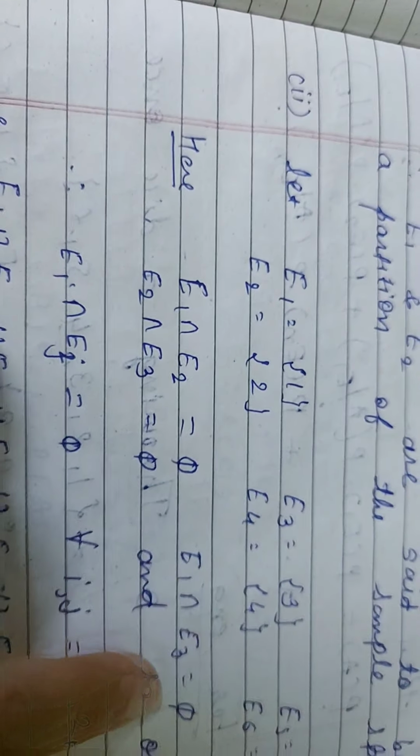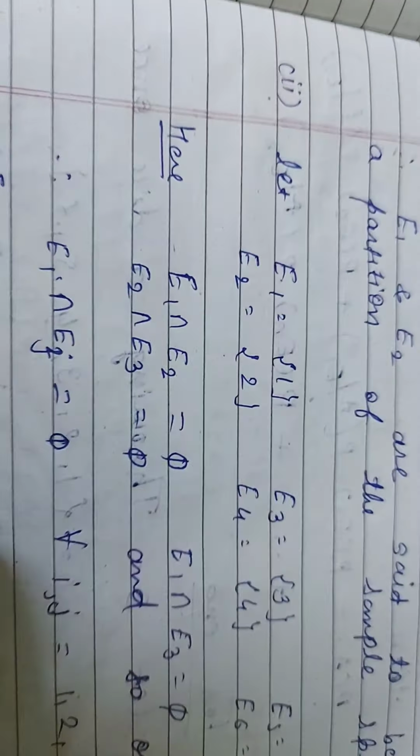E1 and E3 is phi, E1 and E5 is phi. So here I have written that E1 intersection E2 is phi, E1 intersection E3 is phi, E2 intersection E3 is phi and so on. Therefore Ei intersection Ej is equal to phi for all i and j equal to 1, 2, 3 up to 6, where i and j are different.